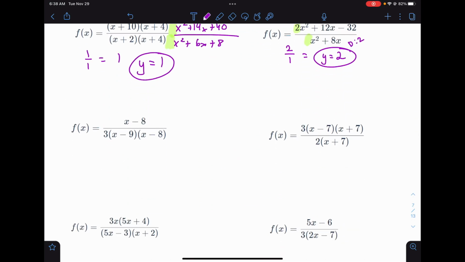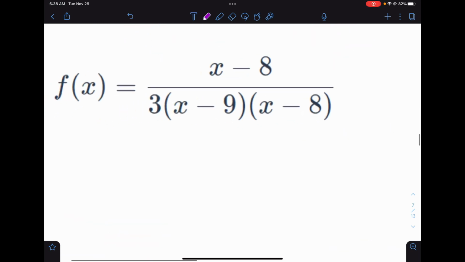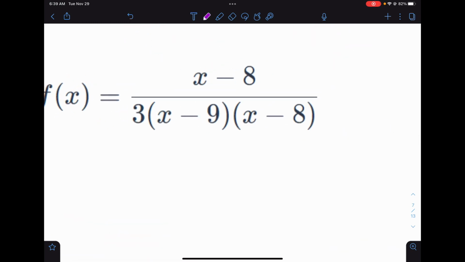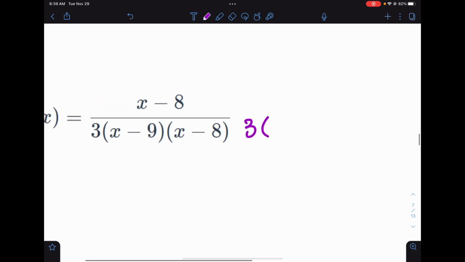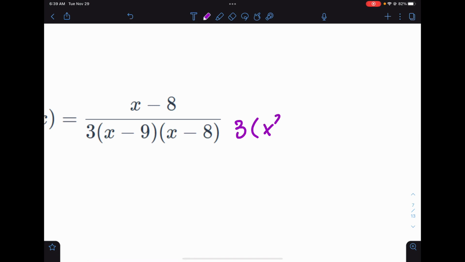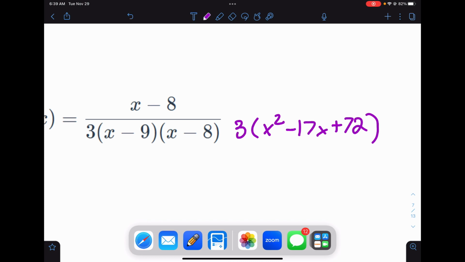All right, let's try this next one. So if we look, the numerator is ready to go. However, the denominator, we've got to multiply out. So we get x squared, and then minus 9 minus 8 is going to give us minus 17x plus 72. Now, we have 3 times (x - 8) over that.